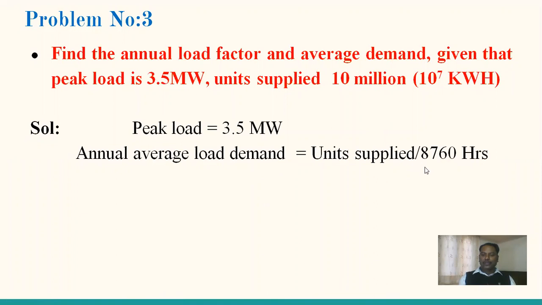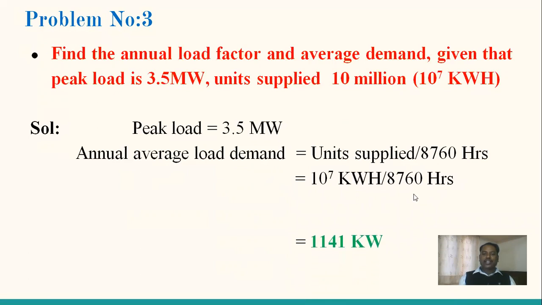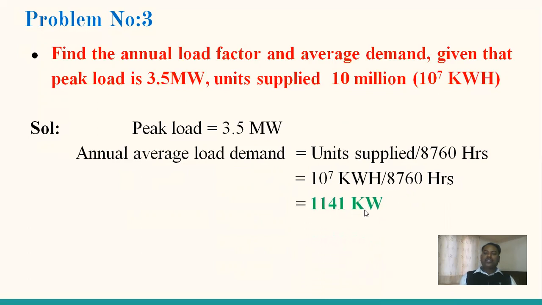So units supplied, 10 power 7 kilowatt hour, divided by 8760 hours per year, will give 1141 kilowatts as the annual average load demand.